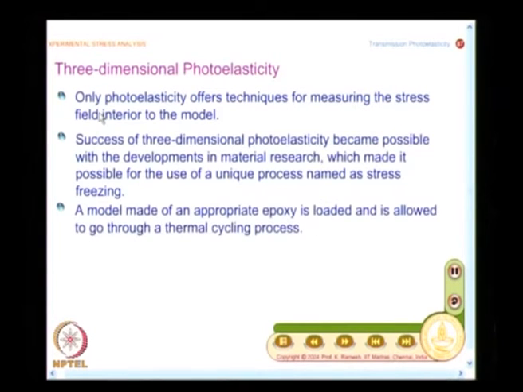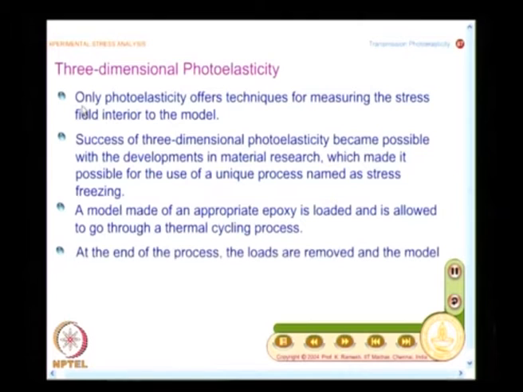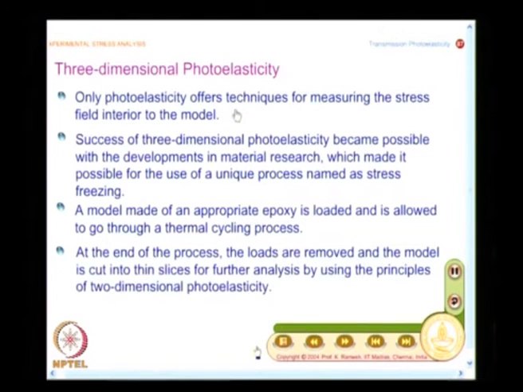So, we have emphasized earlier also that only photoelasticity offers techniques for measuring the stress field interior to the model. That is one of its advantages, and this was possible because of a unique process named stress freezing.